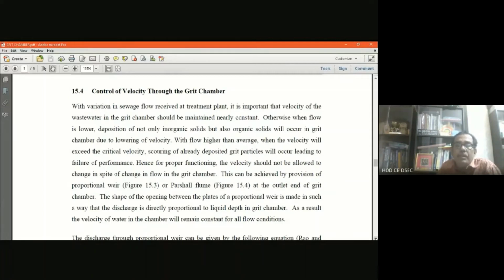So the velocity should not be allowed to change, and it can be achieved, as I showed you in the figure, by provision of the proportional weir or partial flume, which I will also show in another figure, at the outlet end of the grit chamber.